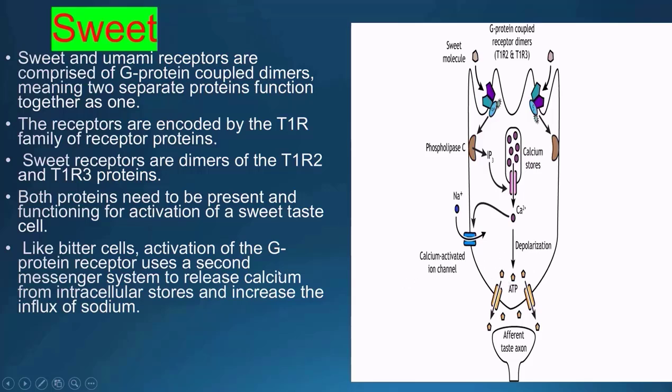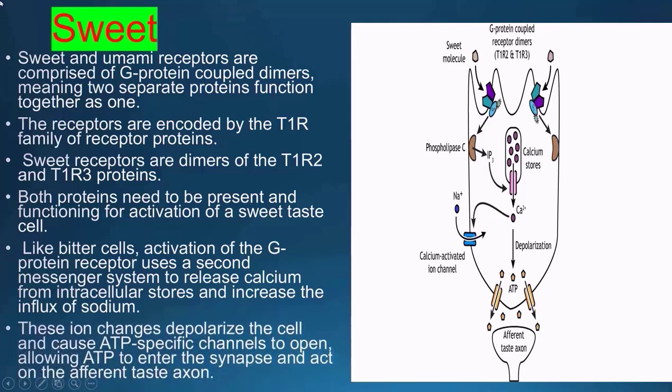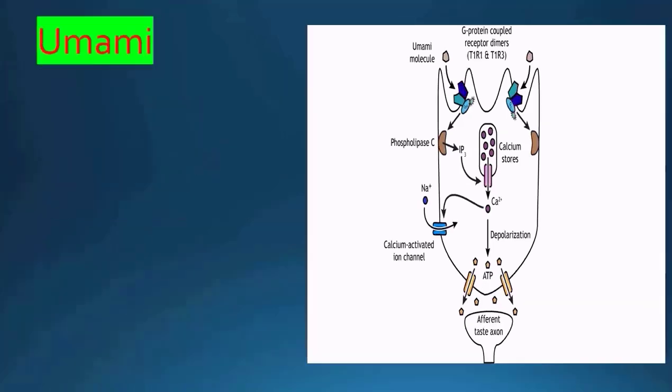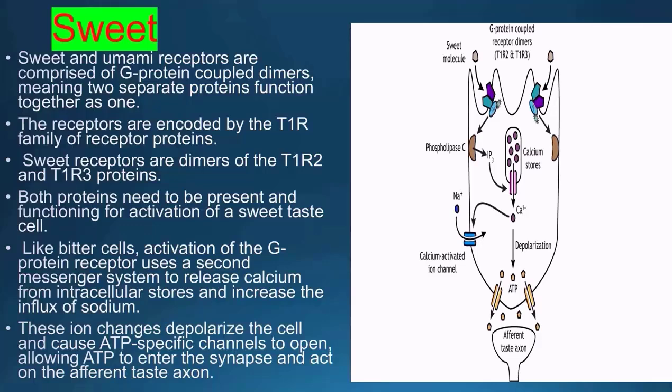Here you can see that the G protein is activated and a second messenger is produced, phospholipase C IP3, which acts on the endoplasmic reticulum and releases calcium from it to the interior of the chemoreceptor, which acts on the ATP channels, opens them and releases the ATP to the afferent neuron and produces signals which are carried to the higher center. The ion channels depolarize the cell and cause ATP specific channels to open, allowing ATP to enter the synapse and act on the afferent taste neuron.